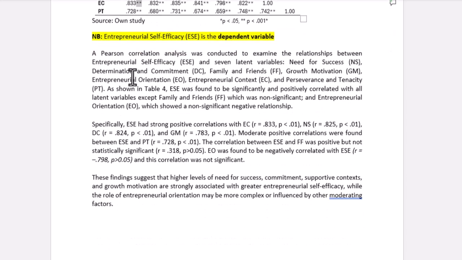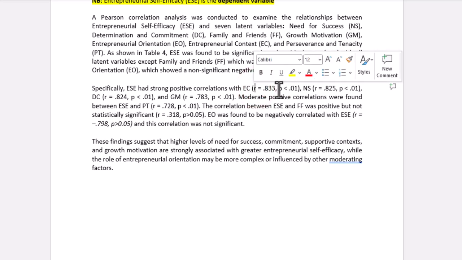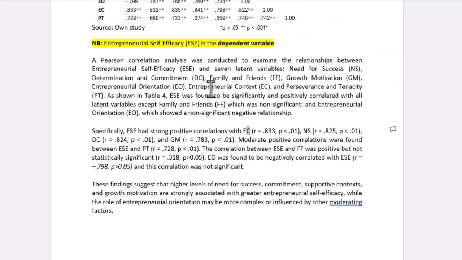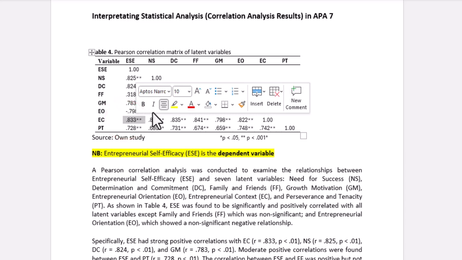Then we go to details. We start with: specifically, ESE had a strong positive correlation with EC. Then you put into brackets the correlation result and the p-value. If you consider the correlation between ESE and EC, it is 0.833, which is here.